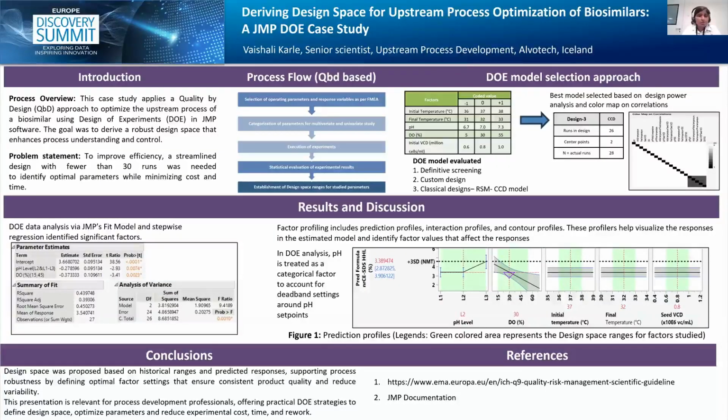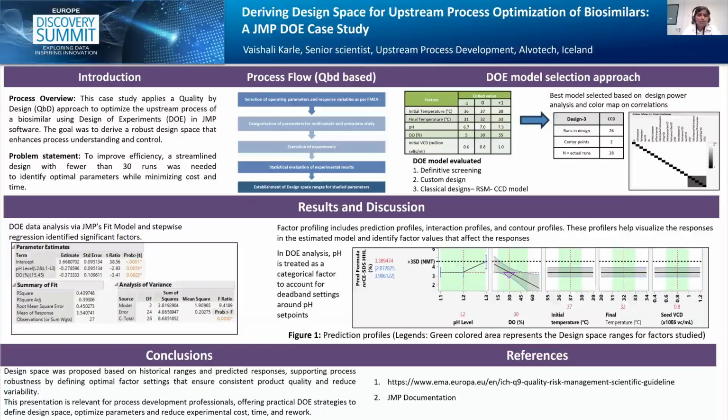To achieve this goal, we wanted to improve the efficiency with streamlined, easier DOE designs with fewer runs, less than 30 runs, and to identify the parameters which will help us reduce the cost and the time with greater efficiency.